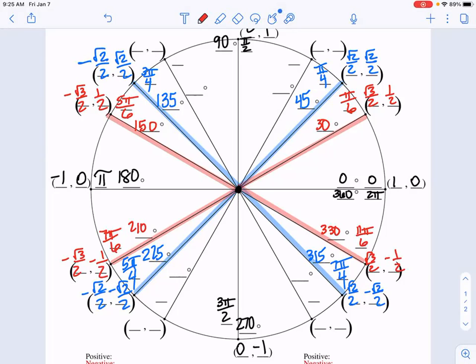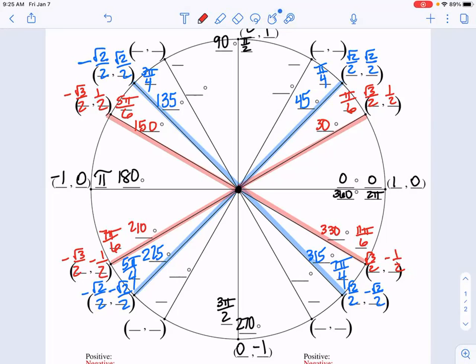Okay, let's make some observations. Every single pink angle, do you notice how we have radical 3 over 2, 1/2, radical 3 over 2, 1/2? We just have different negative signs and positive signs.